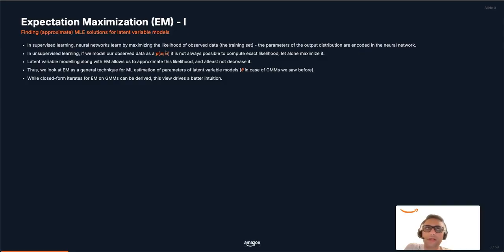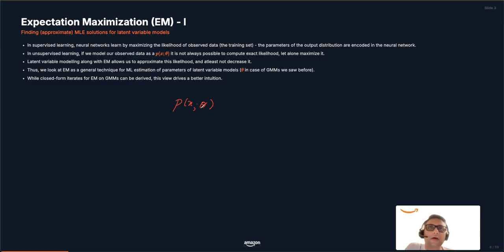So the neural network itself is essentially learning this P of y given x using maximum likelihood. Now, in case of unsupervised learning, our observed data is modeled as this P of x given theta.